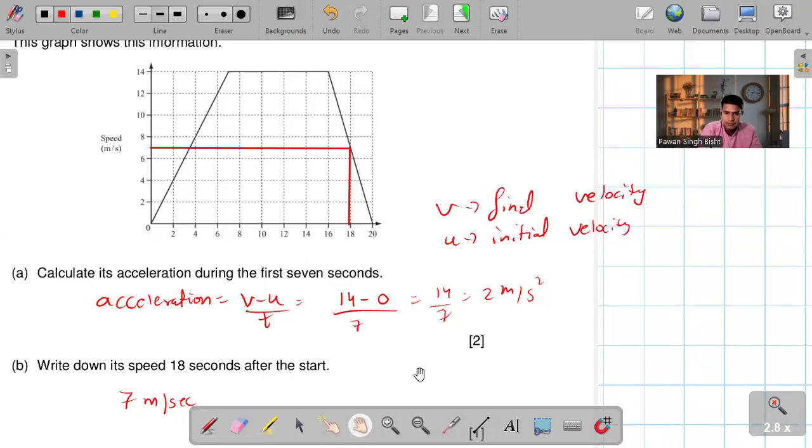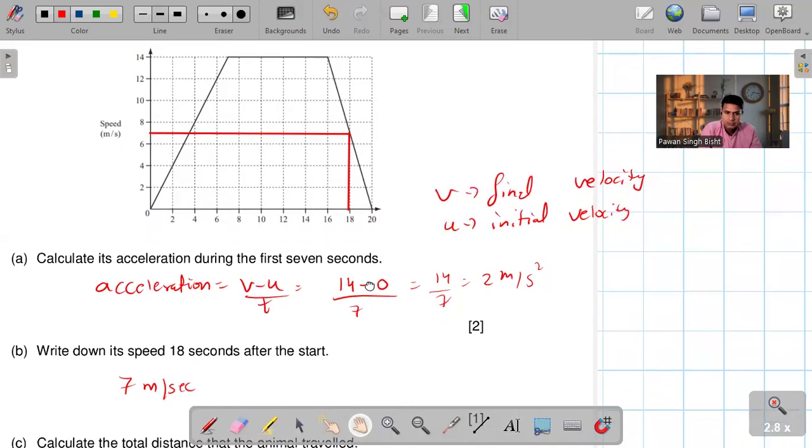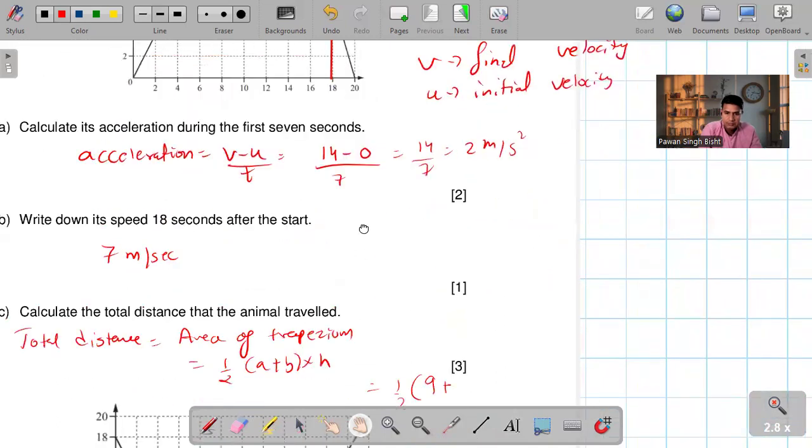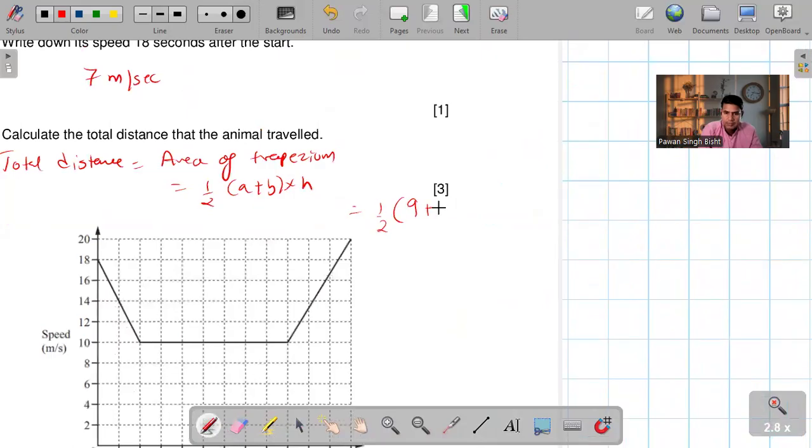And what is height? 14. From 0 until 14, this is height. Put the values. Half times 9 plus 20 times 14. Cancel it with 2, 2 times 7. So 29 times 7. That will be my total distance traveled. 9 times 7 is 63, 7 times 29 is 203 meter. That will be the answer. Clear? Easy, right? Next question.